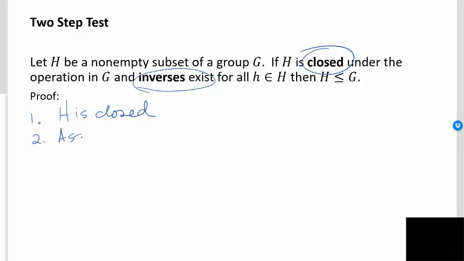We could say associativity is inherited from G. There's no need to prove that. So you don't even need to mention it. You do need to verify that H is closed under the operation.